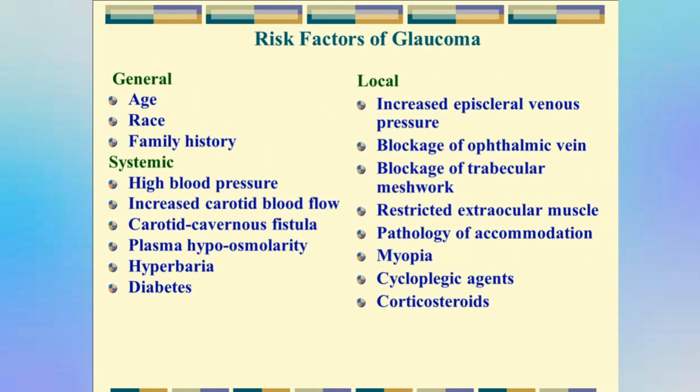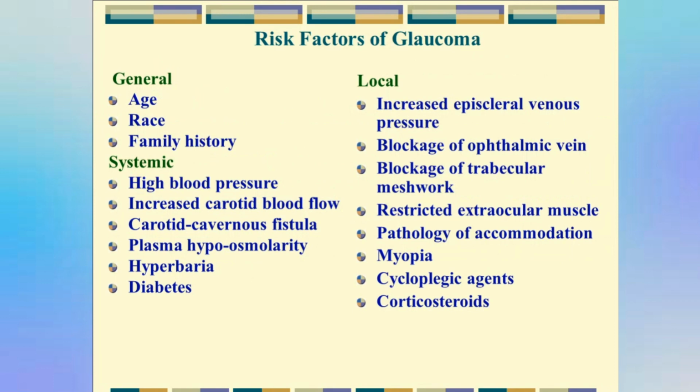For example, open angle glaucoma, which is diagnosed in 80% of the patients with glaucoma, usually appears after 60 years old. As for the race, for the black population, open angle glaucoma is more characteristic.